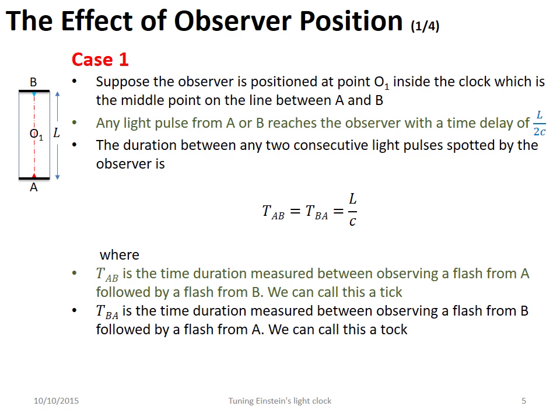The duration between any two consecutive light pulses spotted by the observer is TAB equal TBA equal L divided by c, where TAB is the time duration measured between observing a flash from A followed by a flash from B. We can call this a tick. TBA is the time duration measured between observing a flash from B followed by a flash from A. We can call this a talk.